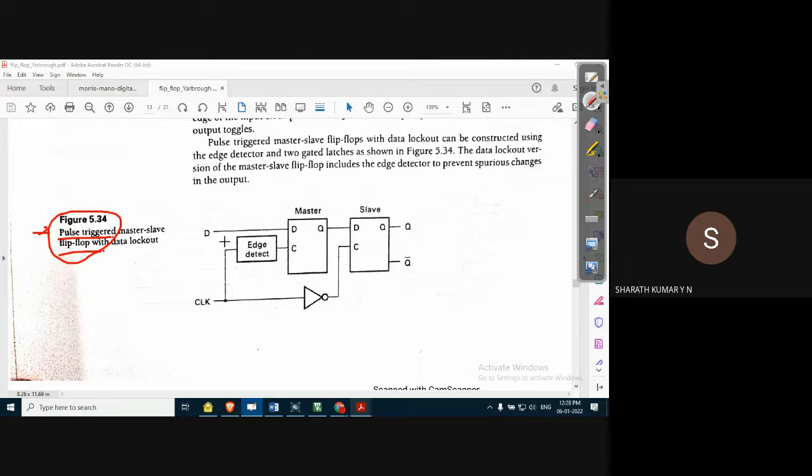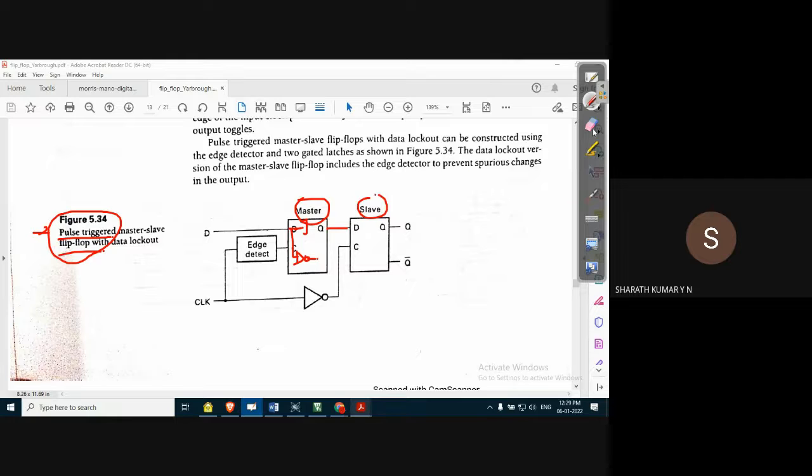What happens in this case of the master slave JK flip-flop is that each JK flip-flop is converted into a D flip-flop. How do we convert? It's very simple. Between J and K, we have a NOT gate, and it becomes a D flip-flop. One D flip-flop is used as the master, which will drive the other, similar flip-flop, which is called the slave.